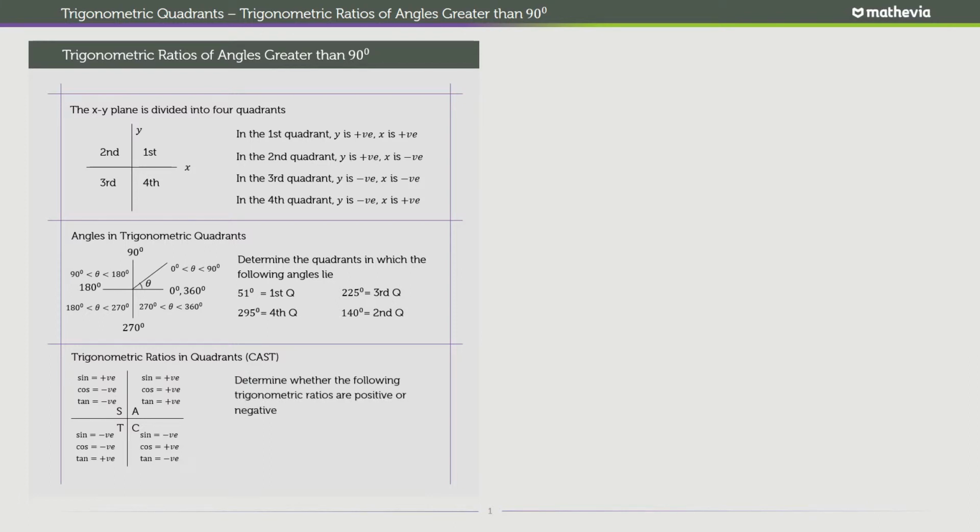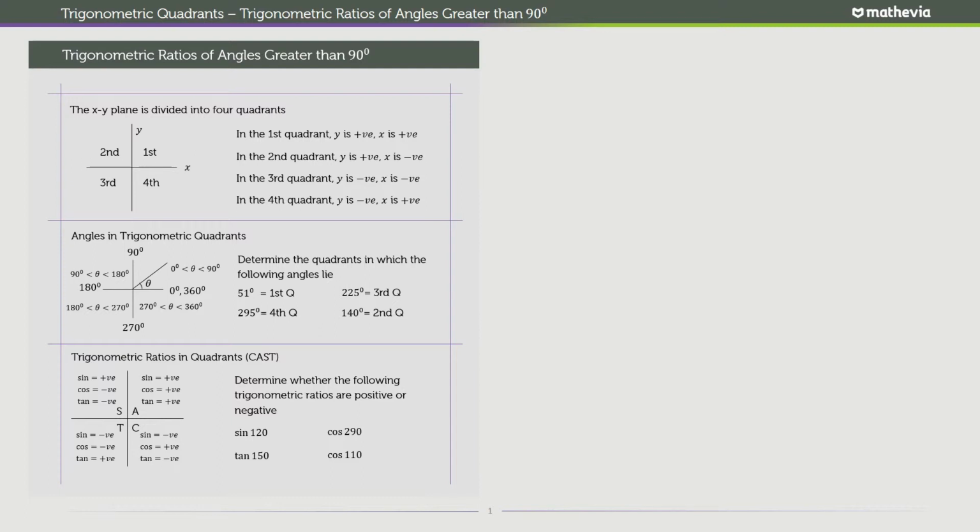Okay, and let's do a short exercise. Determine whether the following trigonometric ratios are positive or negative. So we have sine 180, sine 120, cosine 290, tan 150, and cos 110.